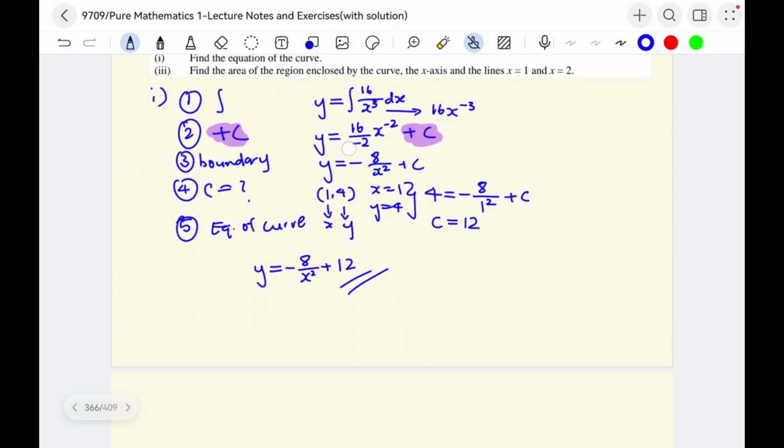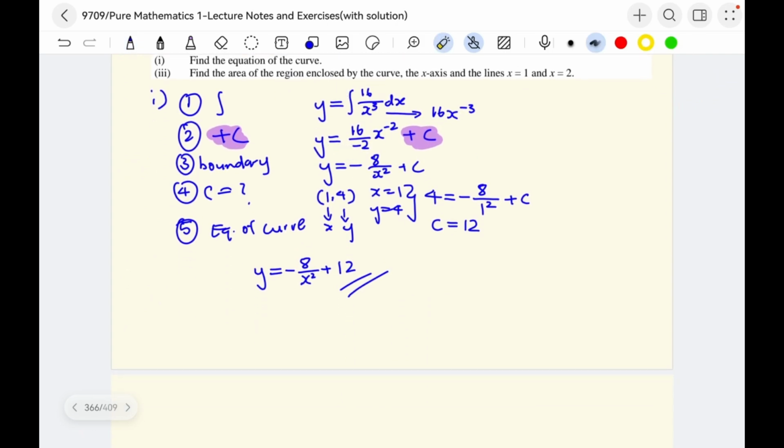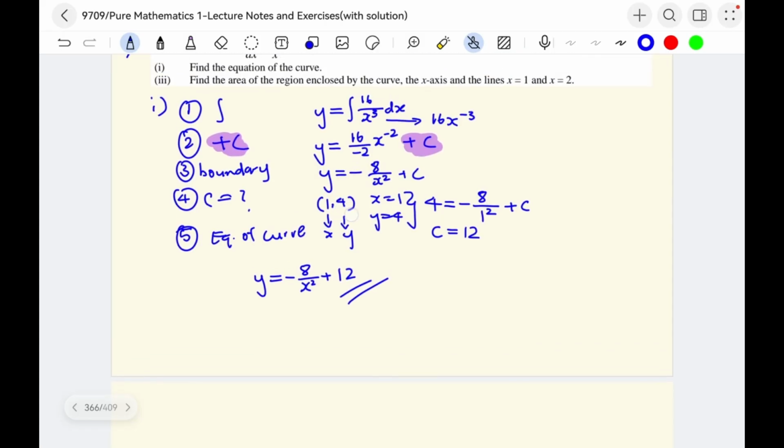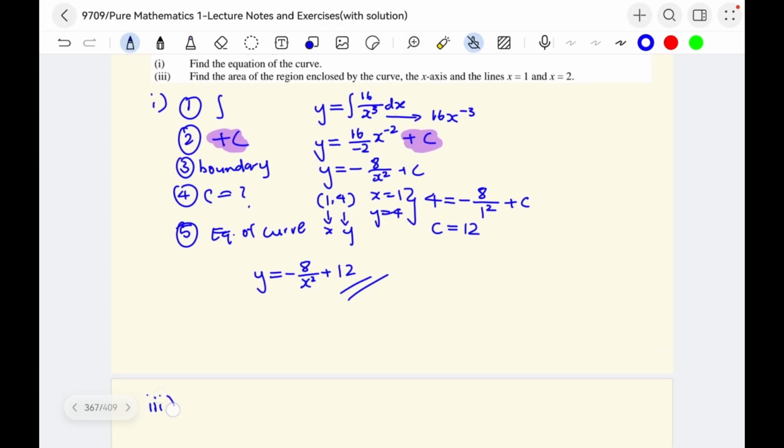And now for question 3. This question is also related to integration, just that you have to integrate the curve, not the gradient function. What it wants is the area under the curve, which is related to the original equation of the curve.